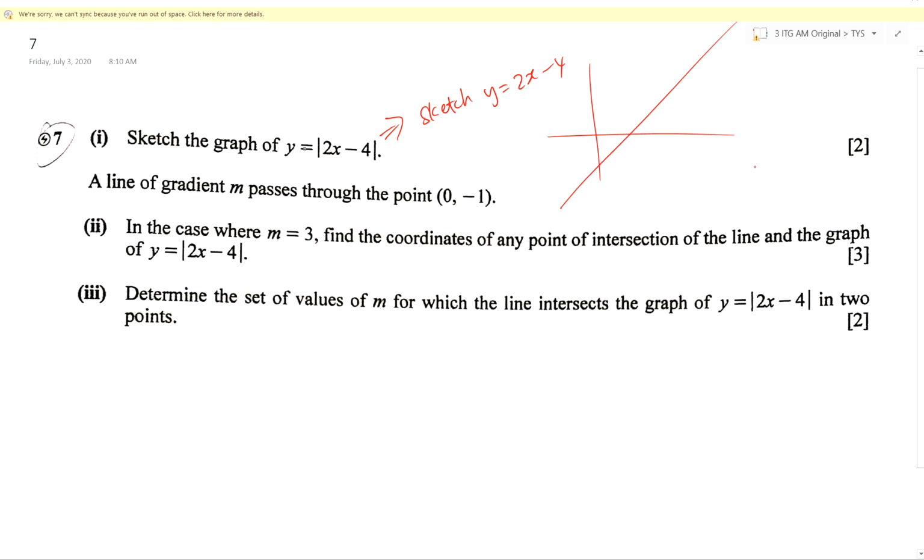Done. So negative 4, put in the intercept. When x is equal to 2, y will be equal to 0. Now we're going to reflect this upwards. So if this is negative 4, this must be positive 4. We're going to remove the line at the bottom. This is now our y equals modulus 2x minus 4.